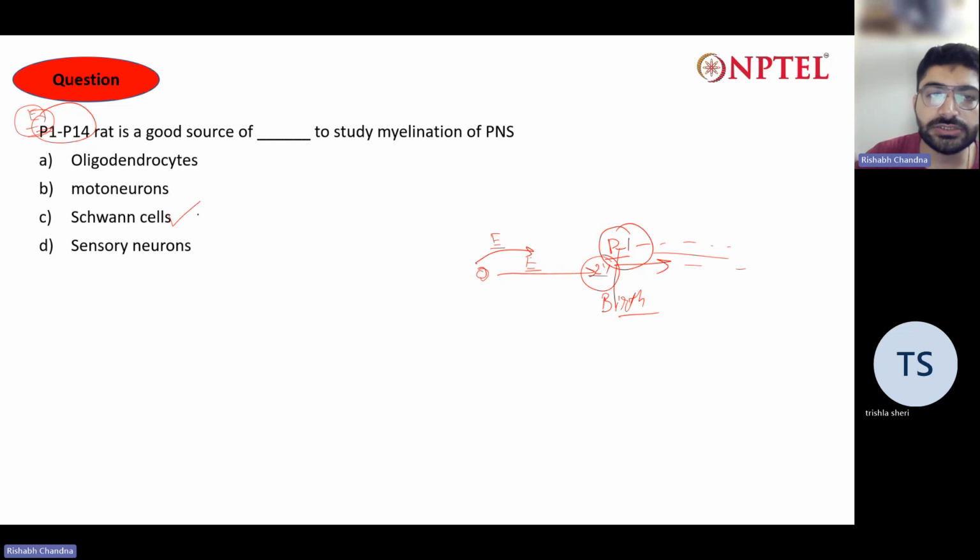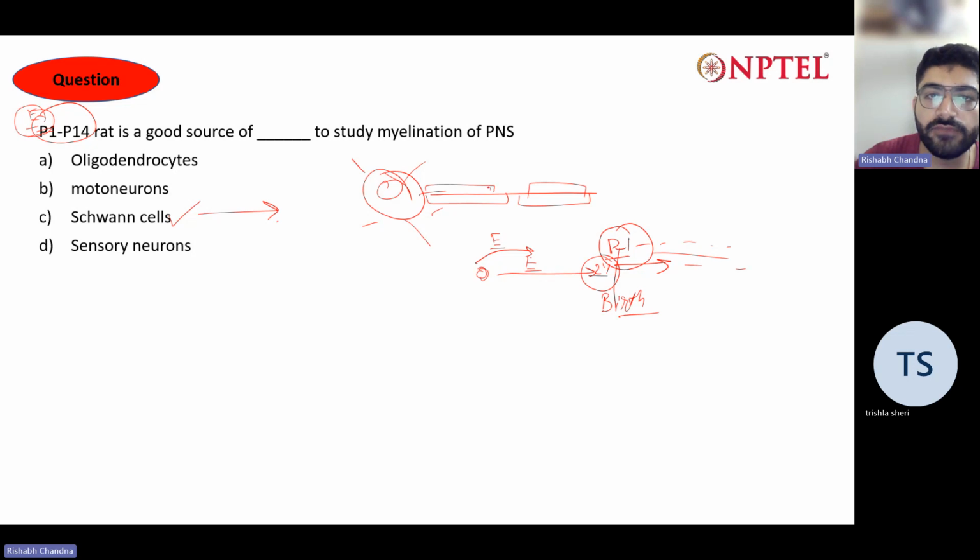So what Schwann cells basically do, first we'll tell the position. Considering this as the cyton, here the dendrites are there, and this as the axon of the neuron. There are certain sheath-like structures. These are the myelin sheaths that we see.